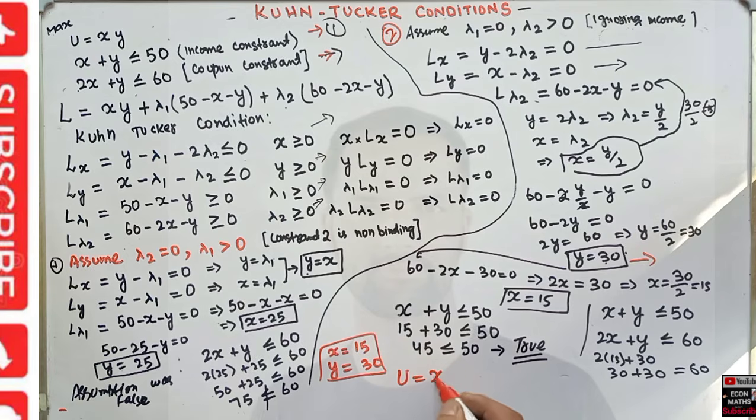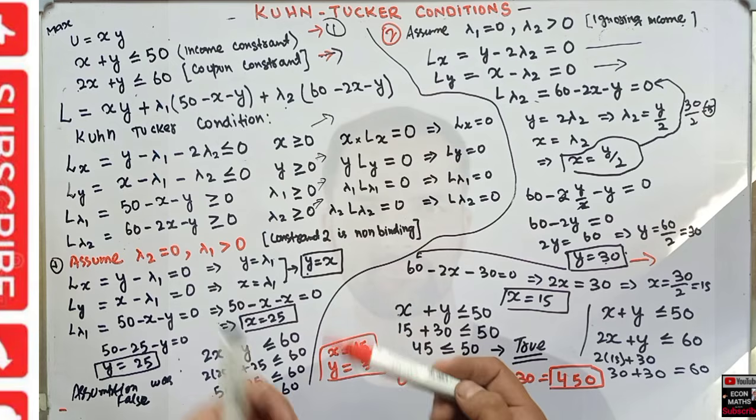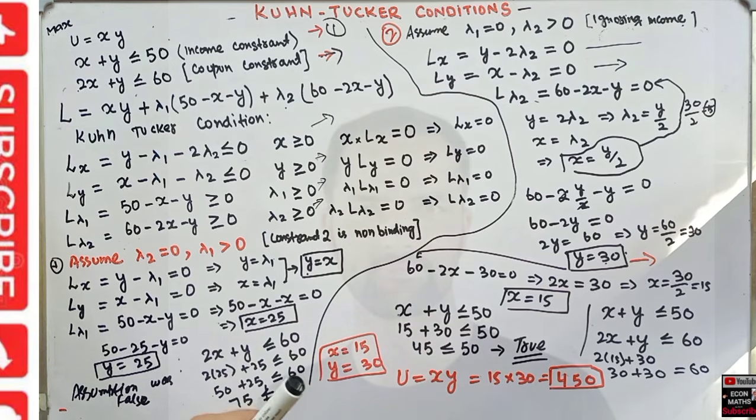U is equal to x into y, x is 15, y is 30, so 15 times 30 is equal to 450. That means we got the satisfaction level of 450 and none of the constraints is violated. With that, I wind up this video.